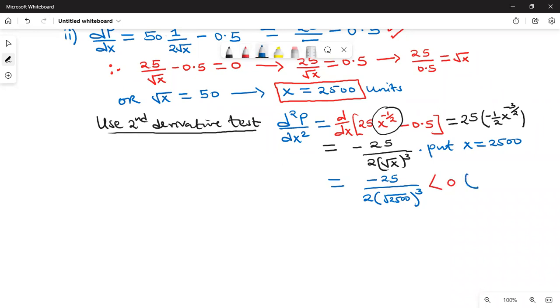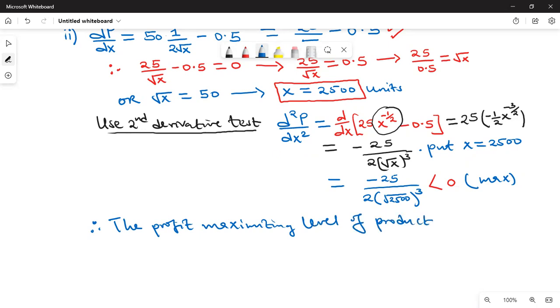So this means maximum. Therefore, the profit maximizing level of production is x is equal to 2500 units.